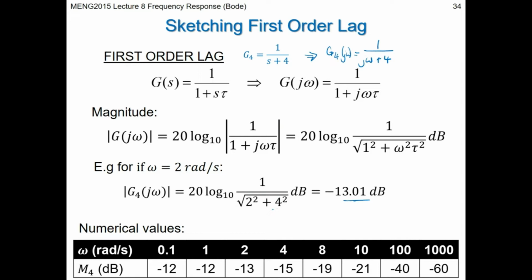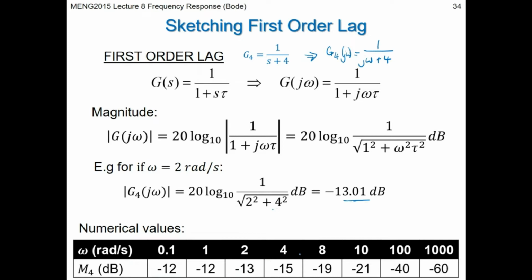And we can do the same thing for a range of different values. I've used the same values I did before. So for this M4, the magnitude of our G4, at 0.1 we have minus 12, at 1 we have minus 12, at 2 we have minus 13, minus 15, minus 19, minus 21. So you see that it starts out with some negative value, and that corresponds to the 1 upon 4 that I showed you earlier.